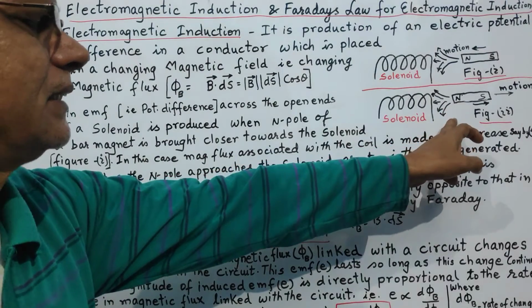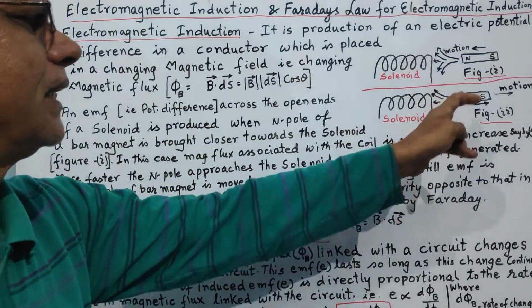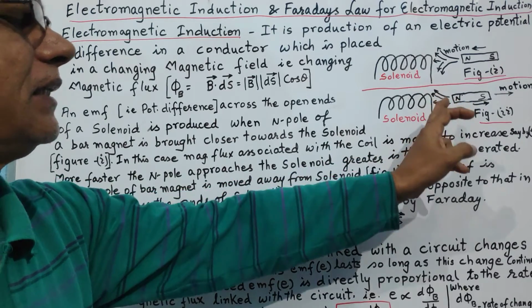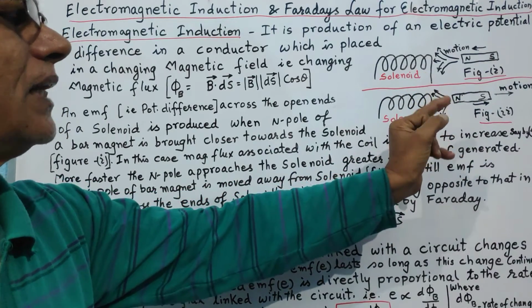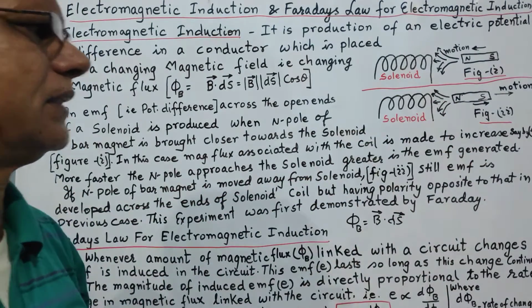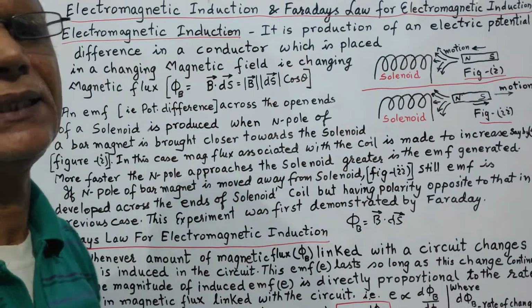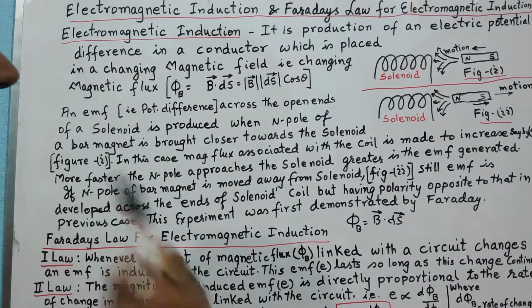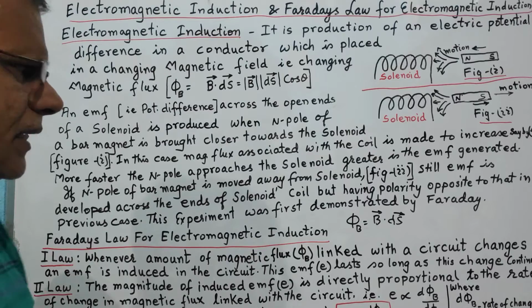Again, in this case also, if the motion of the magnet is high, then the change in magnetic field lines is high. That means the rate of change in magnetic flux associated with the solenoid is high, and in that case the EMF induced is also high.